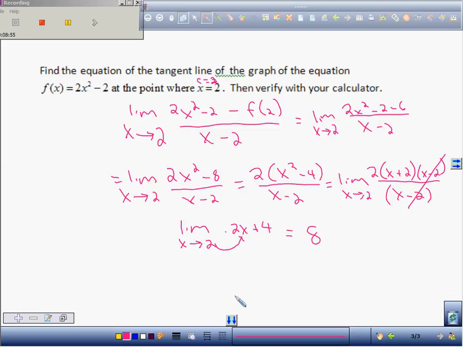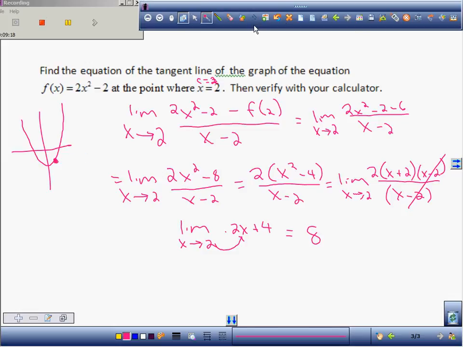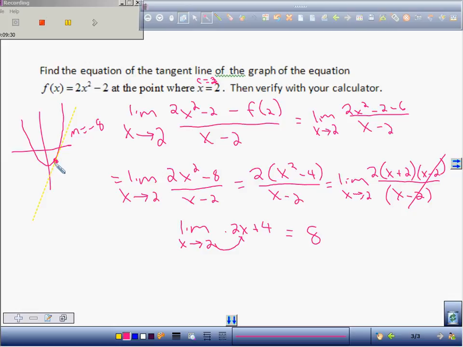So what does that mean? That means if I were to graph this parabola, which I know is a pretty steep parabola, at the point (2, 6), the slope of the line going through that point is 8. Sorry, positive.